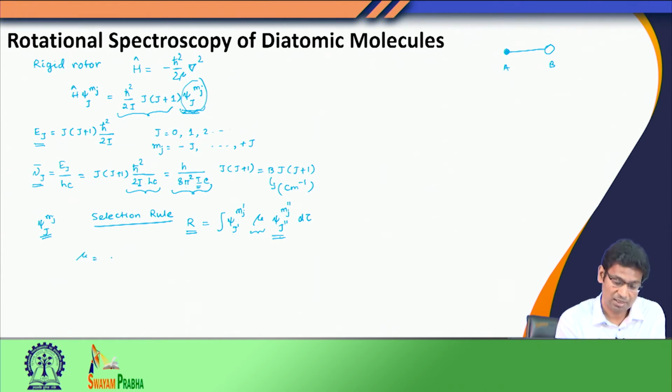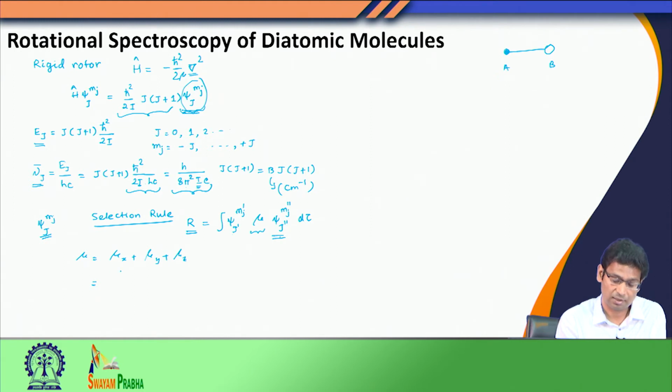We know that mu would have 3 components, mu x plus mu y plus mu z, and if you recall our discussion, we expressed the Laplacian from Cartesian coordinate to spherical polar coordinate system.